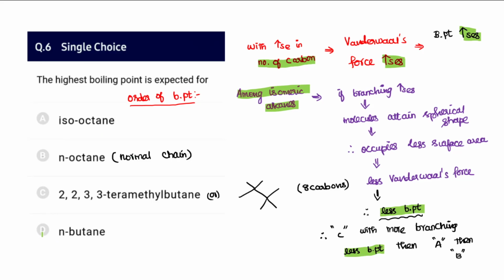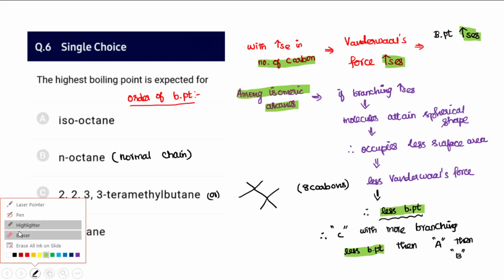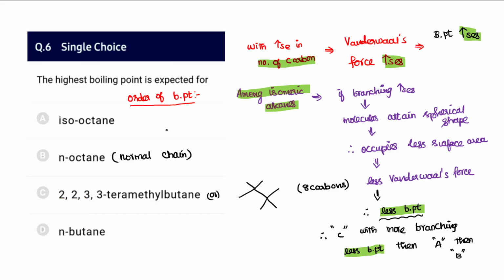So compared to D, A, B, C should have a very high boiling point because of the increase in carbon atoms. But since A, B, C all have 8 carbons, among them we must check for very little branching. Very little branching is found in the normal chain, so the sixth answer is option B. If you want the order of boiling points: n-octane, option B, stands first. Next isooctane A, then C, which is 2,2,3,3-tetramethylbutane, and then n-butane.